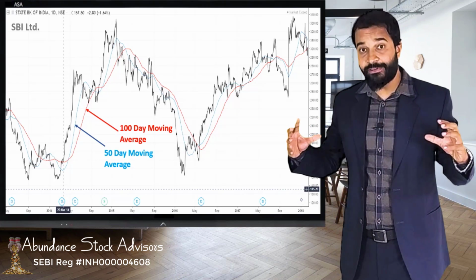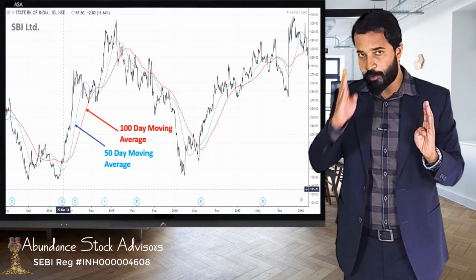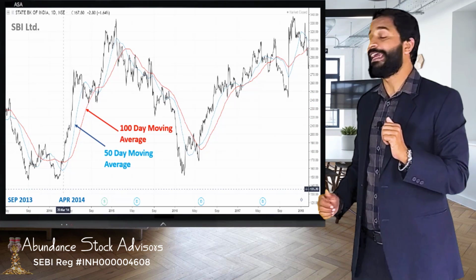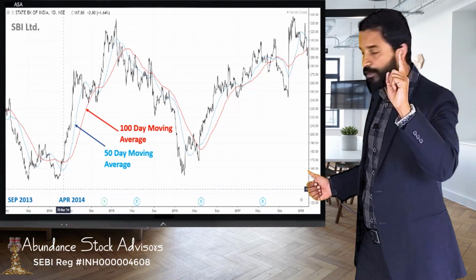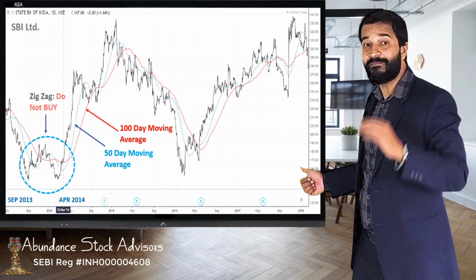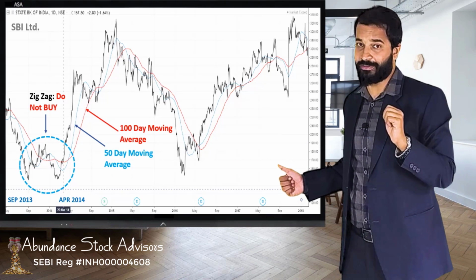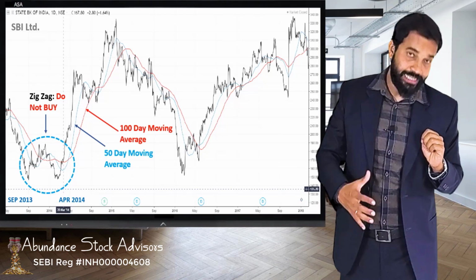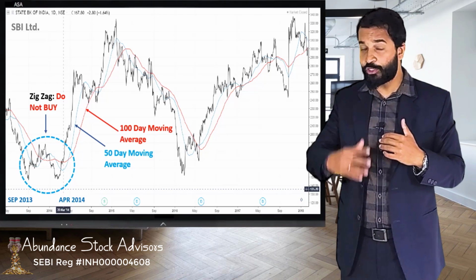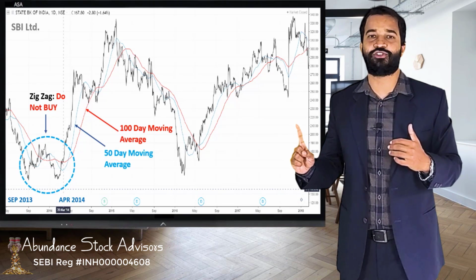It's moving sideways and we must stay away from it. So observe that from 18 September 2013 till 1st April 2014, the moving averages are in the zigzag pattern and not moving in the same direction. This is a clear indication to us that we should go in the wait and watch mode and not buy this stock for now.